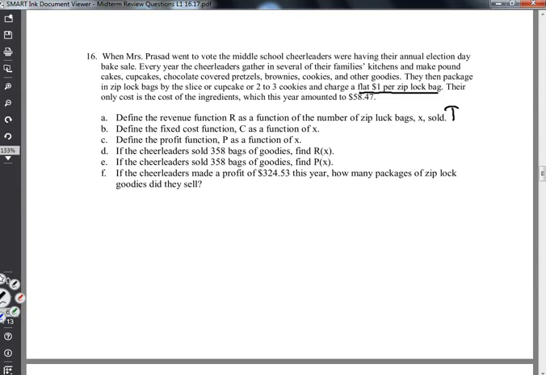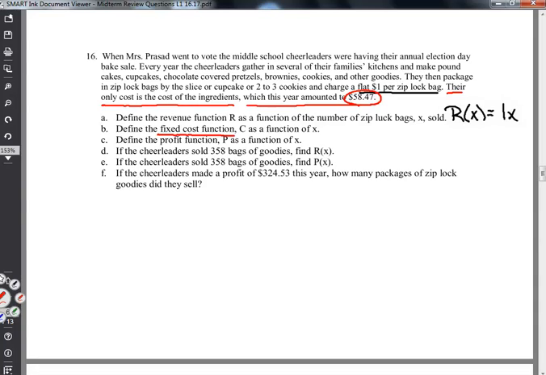So the revenue, for some value of X I don't know yet, is going to be 1, because I'm selling for $1 a bag, times X. That's it. The next one asks you for the fixed cost. It says here their only cost is ingredients, which this year was this amount.